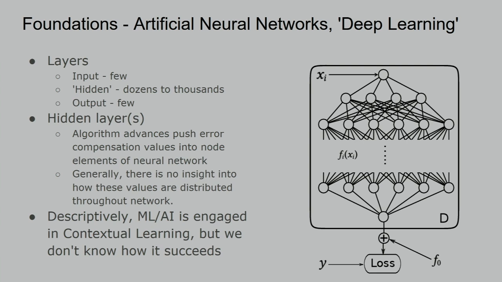So the next slide: artificial neural networks are structured so that, what does network refer to? It's nodes with connections between all the nodes of one layer and the next layer. Now, any layer in the middle, which I'm referring to as a hidden layer, can be very deep.